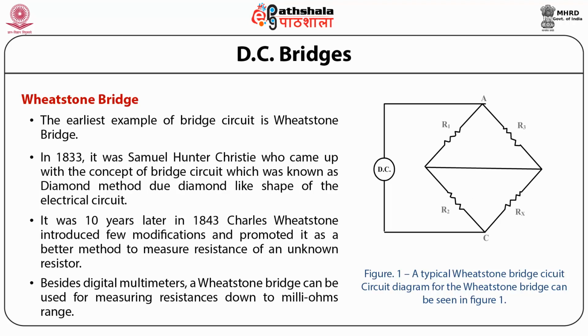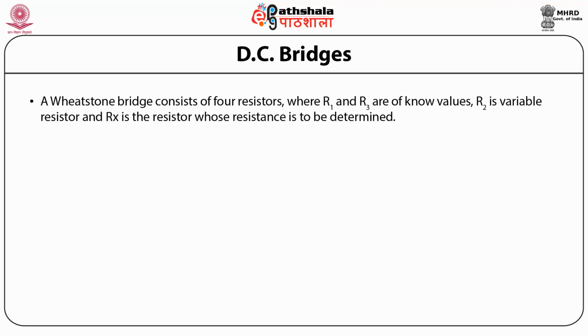The circuit diagram for the Wheatstone bridge can be seen in Figure 1. A Wheatstone bridge consists of 4 resistors, where R1 and R3 are of known values, R2 is a variable resistor, and Rx is the resistor whose resistance is to be determined.